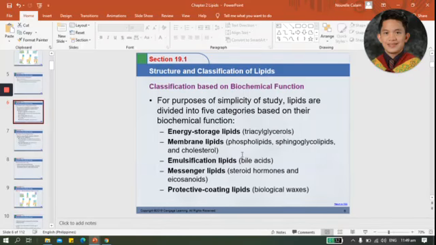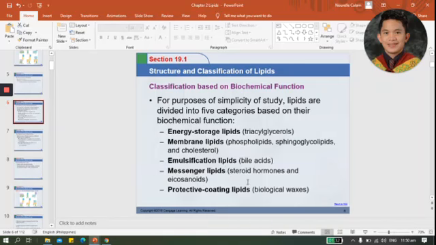The third category is the emulsification lipids, and these include our bile acids. The messenger lipids are responsible for sending or initiating messages between and among cells. These include steroid hormones and the eicosanoids.